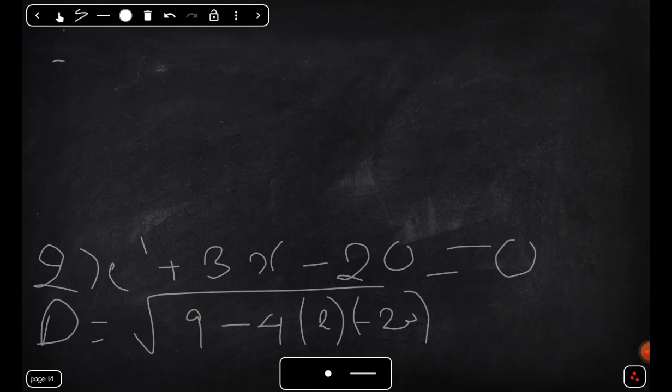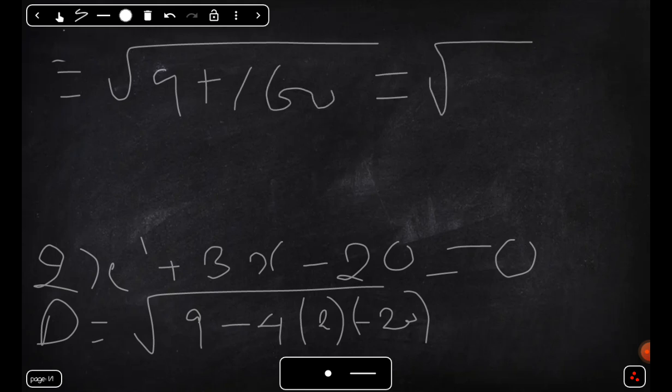Then we have the discriminant is now root of 9 plus, because 4 times 2 is 8, times 20 is 160, which is root of 169. And 169 is a perfect square, so it is actually 13, because 13 times 13 is 169. So hence the roots are rational and distinct.